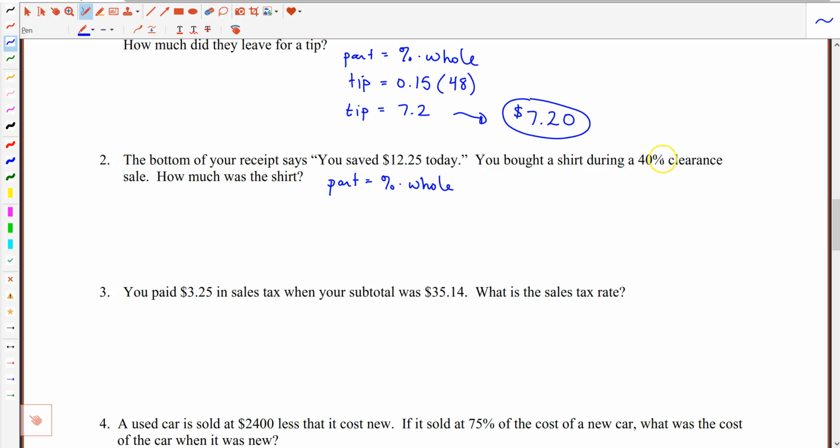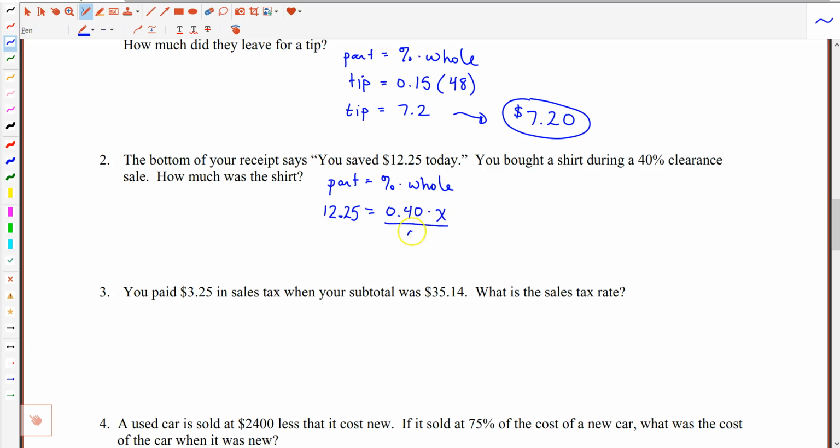You saved 40% of the cost of the shirt. 40% of the cost of the shirt equated to saving $12.25. So 40% of some number is equal to $12.25. So there's the numbers put into the equation. So I would have $12.25 equals 0.40 times x.